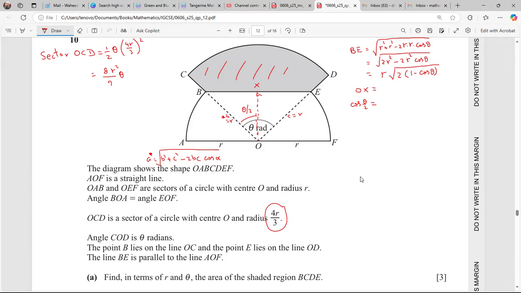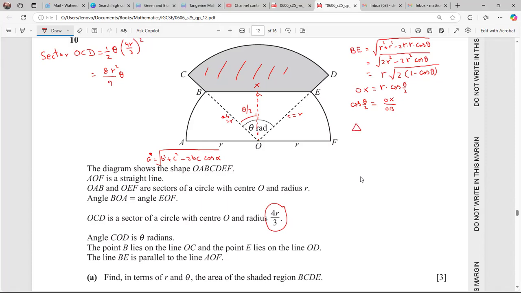It is going to be OX divided by OB. So OX is equal to OB, and OB is the same as R. So it is going to be R times cosine of theta by 2. Knowing this BE and OX, now I can find the area of the triangle.